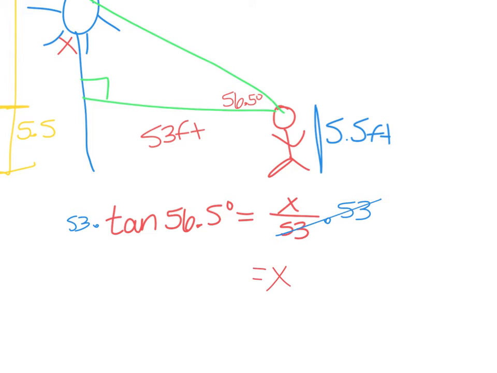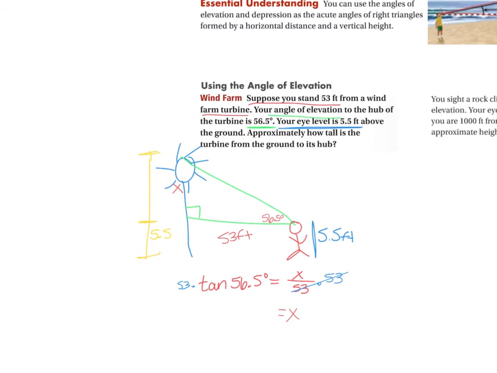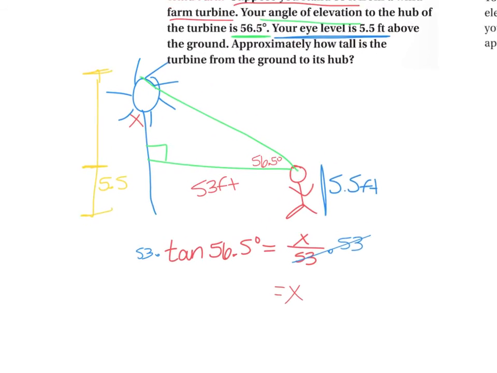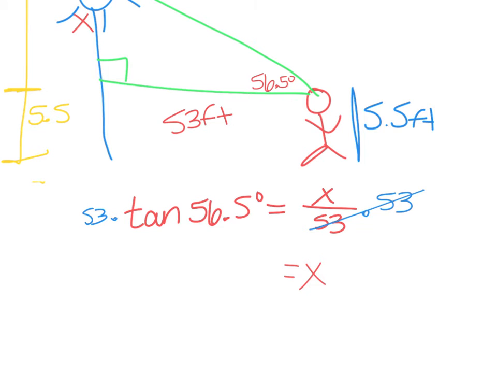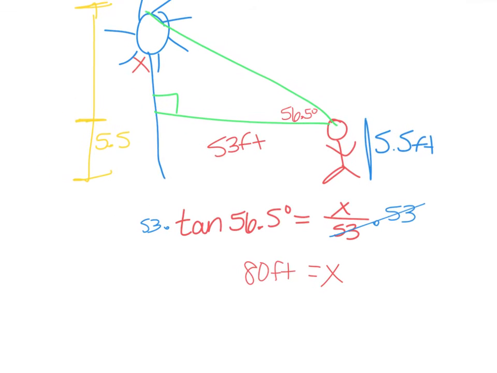So 53 times tangent of 56.5. Let's round it to the nearest whole number. So that would be 80 feet. It's 80.07, so 80 feet.